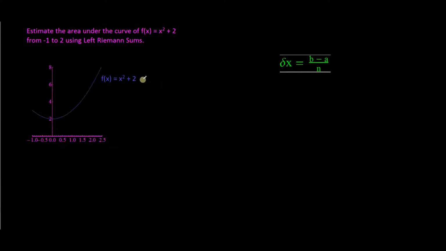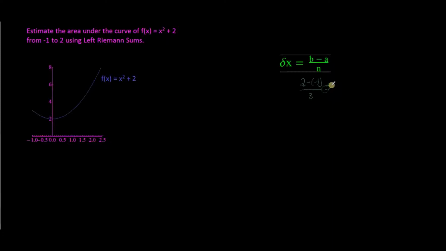So if we look at our values here, our a value is -1, our b value is 2, our n value is the number of rectangles we chose, which we said was going to be 3 for our first example. So let's plug those in here to our equation, and we're going to have b equals 2, and then a is -1, and that's all over our n, which is 3.